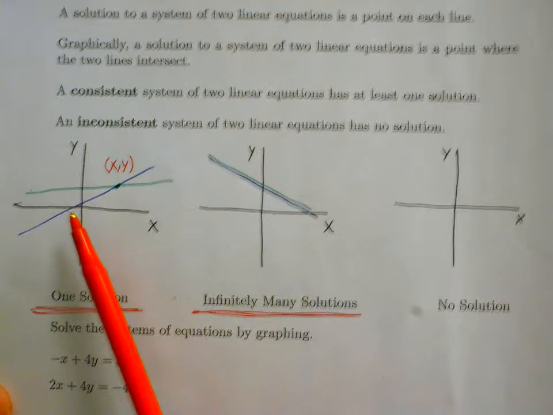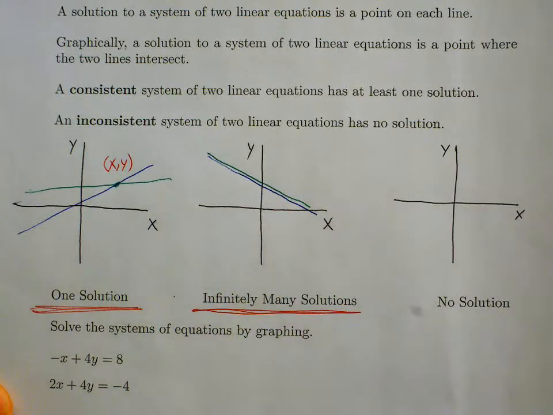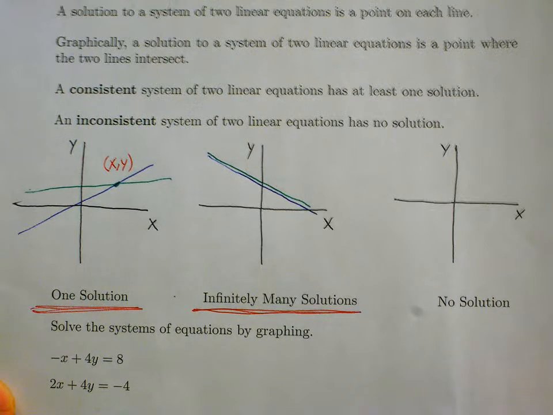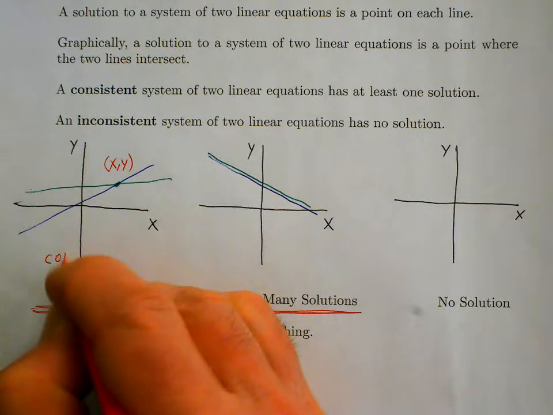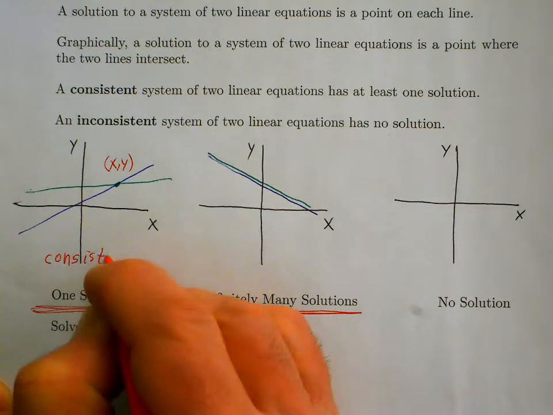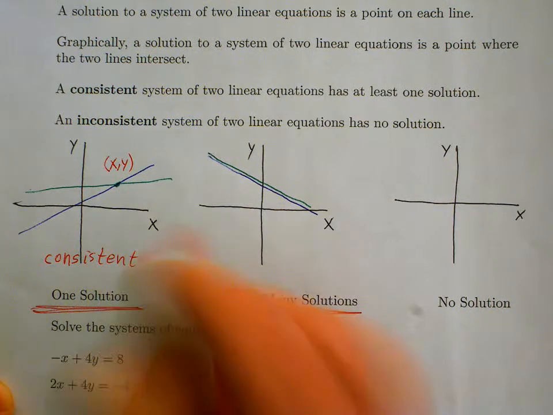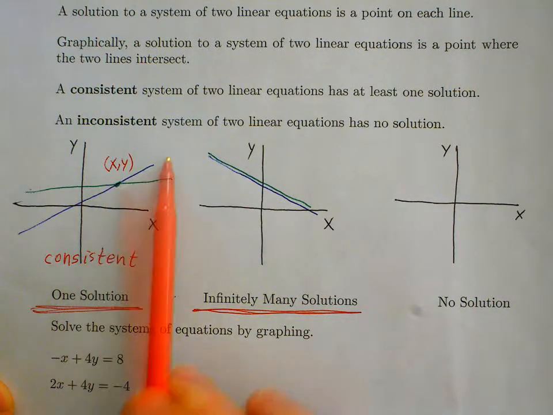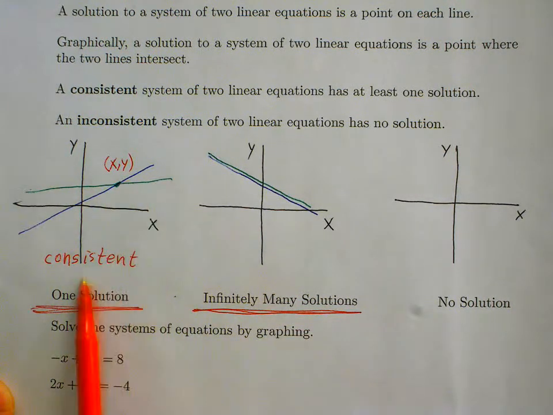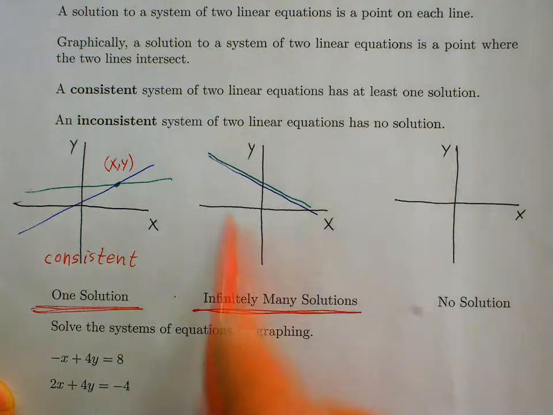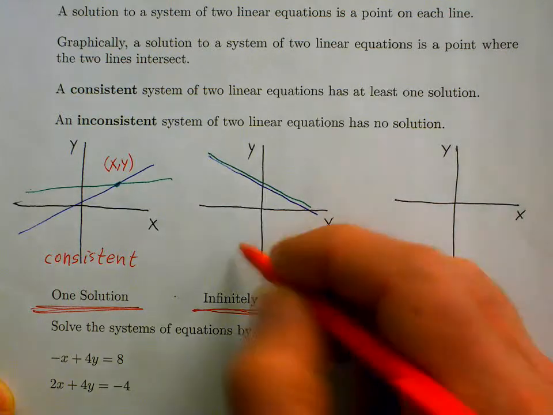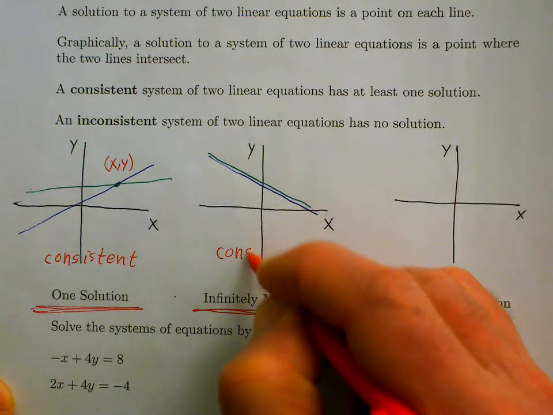So the first two systems here are consistent because they each have at least one solution. Okay, so this one is consistent because there's exactly one solution. This one is also consistent. It has at least one solution, but there are infinitely many. It's still consistent.